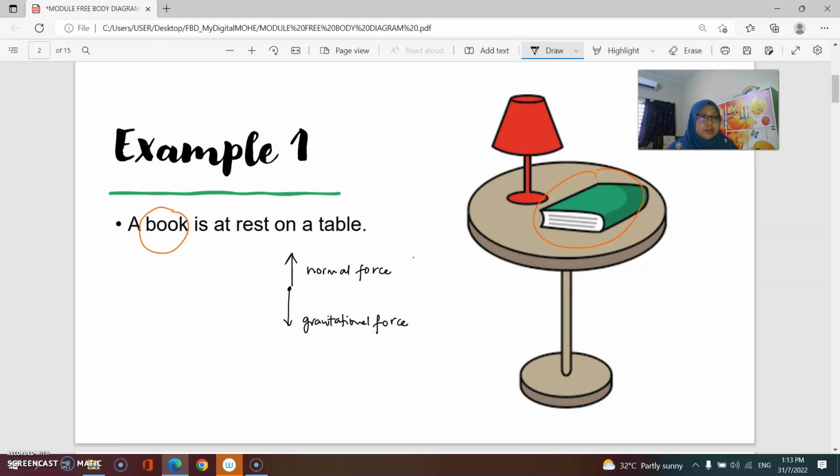The book is not going inside the table, or floating above the table, so it means we have the same magnitude of force. If let's say the gravitational force is 5 Newton, then the normal force is also 5 Newton.